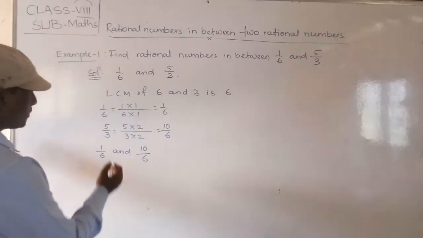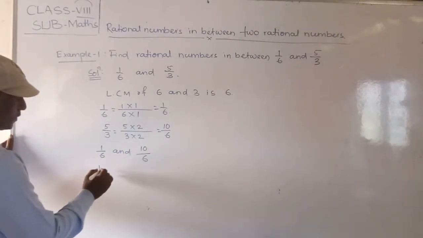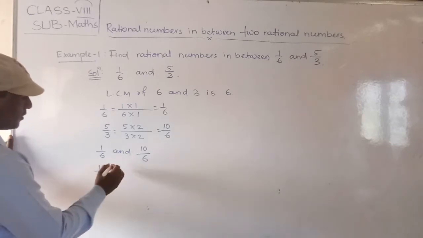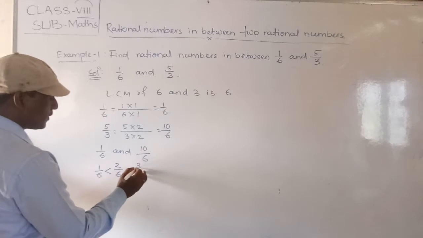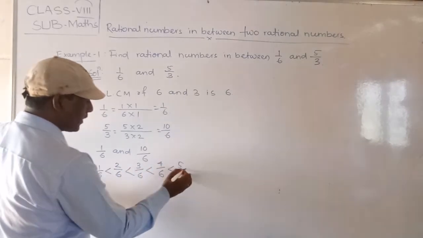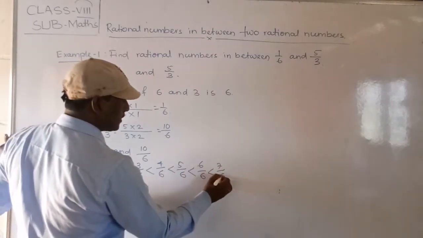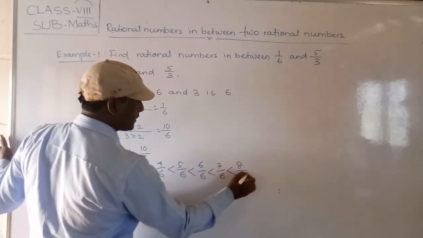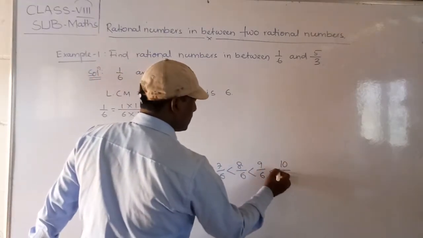Now observe students, what you have to do. 1 by 6 is smaller, the next number in succession is 2 by 6, next 3 by 6, next 4 by 6, next 5 by 6, next 6 by 6, next 7 by 6, next 8 by 6, next 9 by 6, next 10 by 6.